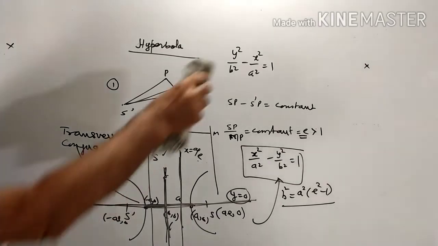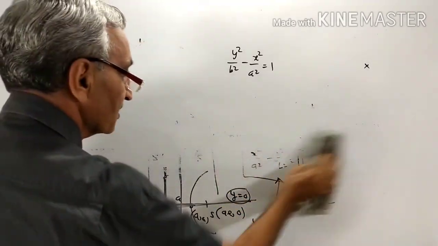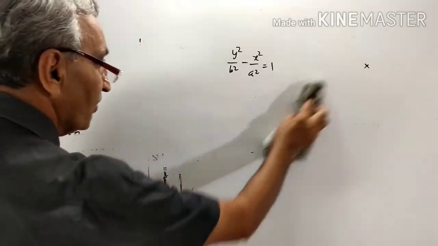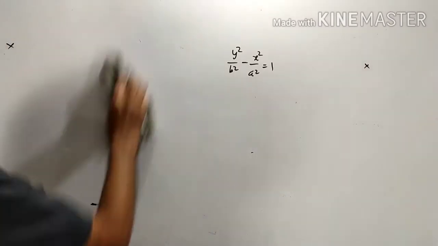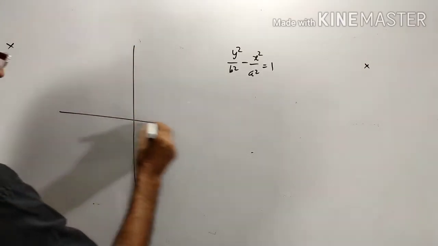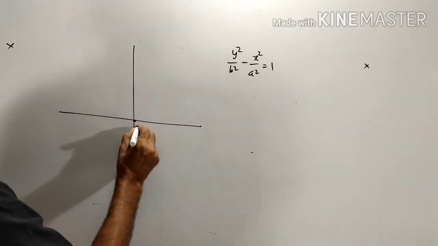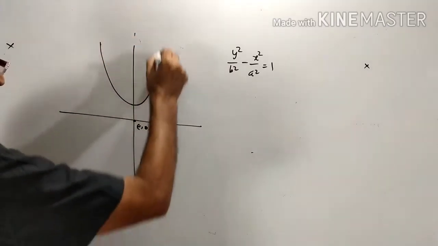I'll come to that one. I'll show you what it means, what the graph of that will be and how we write it. In place of x we wrote y, and the condition is here. This is the graph now. What is the axis here? This is (0, 0) here, and the y-axis is the axis of the hyperbola.